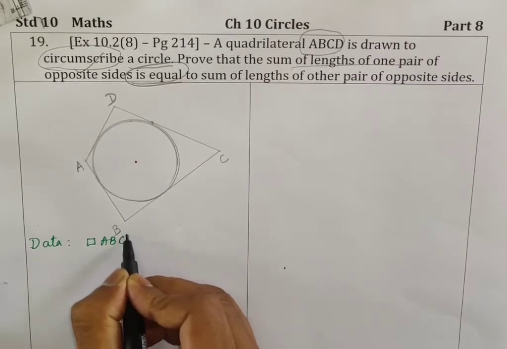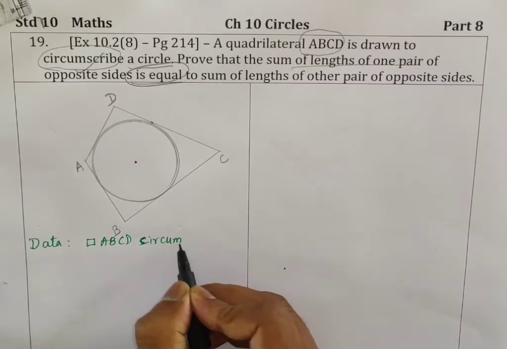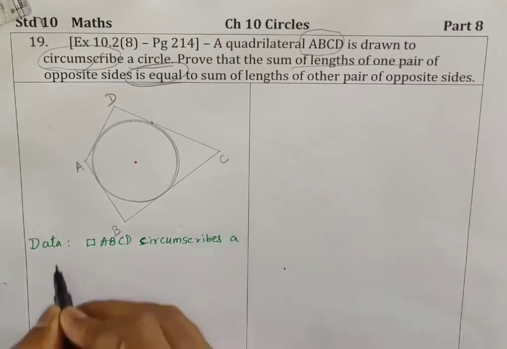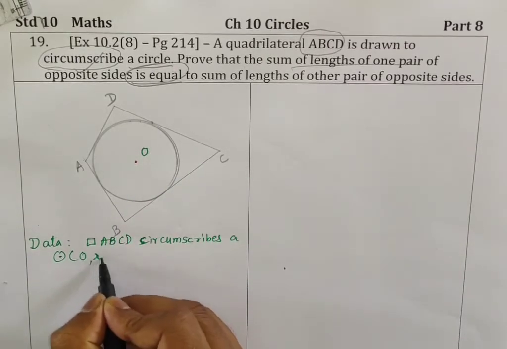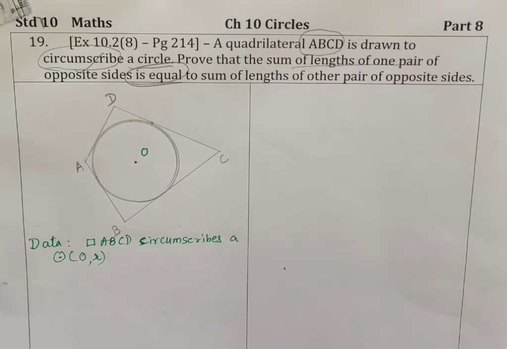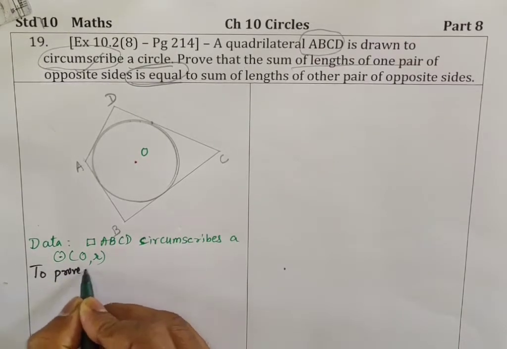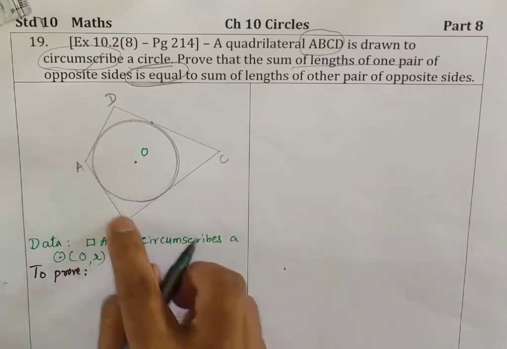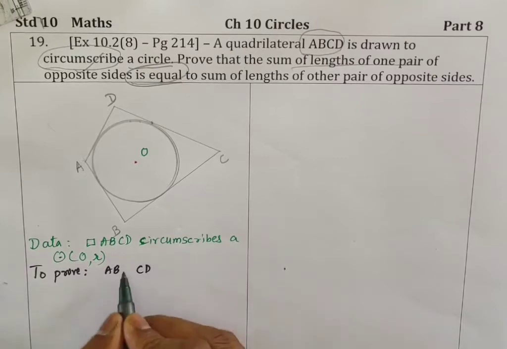Quadrilateral ABCD circumscribes a circle with center O, उसको सेंटर O बता देते हैं, and some radius R, that's it, और कुछ नहीं दिया है, right. To prove, बोलिए, AB and CD, they are one pair of opposite side.